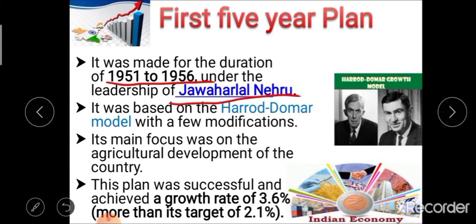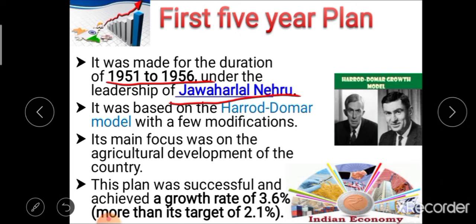The growth model used in this first 5-year plan is called the Harrod and Domar model, which was used with a few modifications.